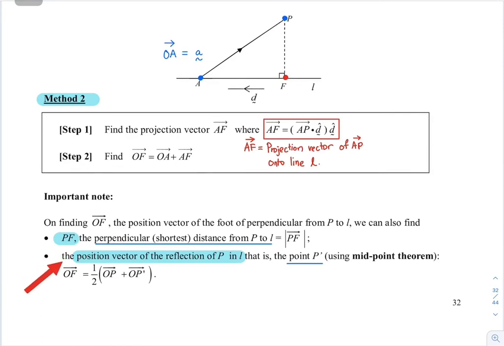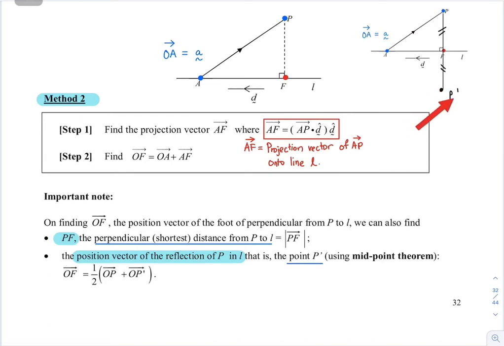In other instances, we would also be able to find the position vector of the reflection of P in L. So based on this diagram, the reflection of the point P about the line L is the point P prime.